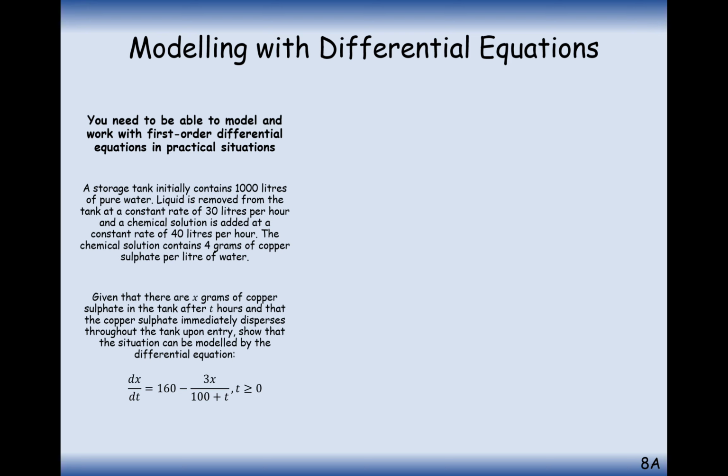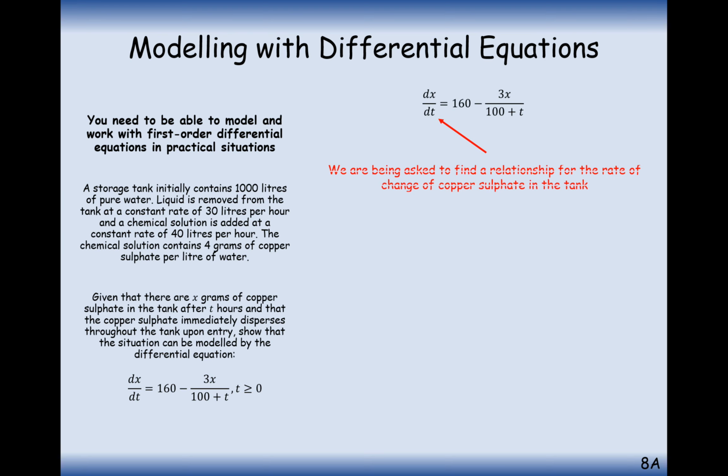Okay, so we need to work out where all of these things have come from and give a good explanation as to how we convert this situation into this differential equation. So this is what we're looking to show. Dx by dt here is representing the rate of change of the amount of copper sulfate in the tank every hour. So we're asked to find the relationship for the rate of change of copper sulfate in the tank.